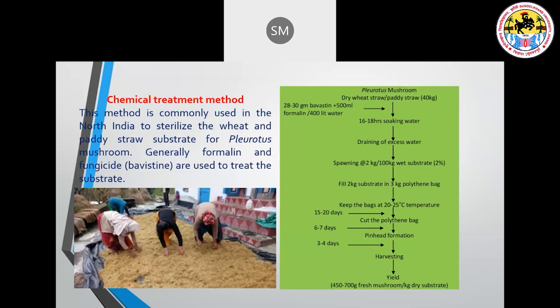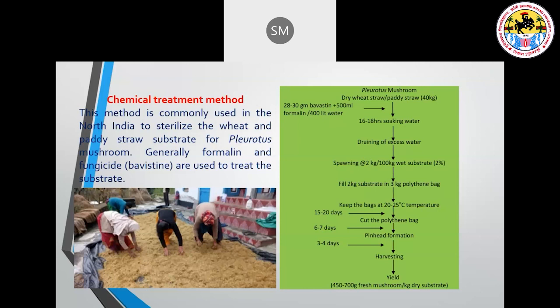In this method, there are two chemicals we frequently use, Bavistin and formalin. We know that formalin is an insecticide and Bavistin is a fungicide, and formalin is also considered a little bit carcinogenic. So as far as possible, we should remove these chemicals from our mushroom cultivation system.